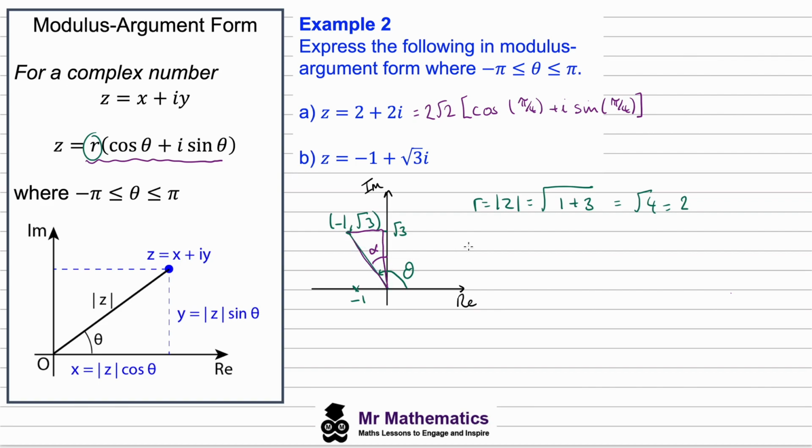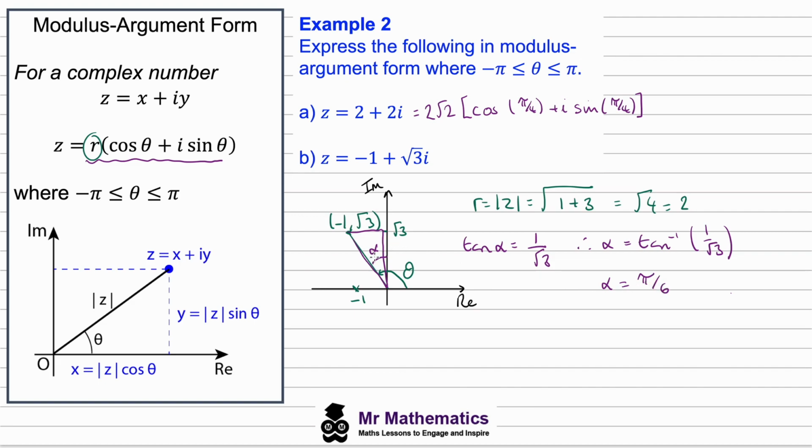So to work out alpha, we'll take the tan of alpha, will be the opposite side, which is 1, over the adjacent side of root 3. So therefore, alpha will be the arctan of 1 over root 3. Alpha is equal to pi over 6.